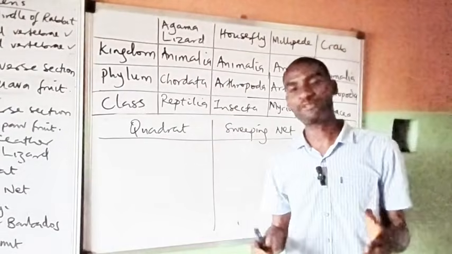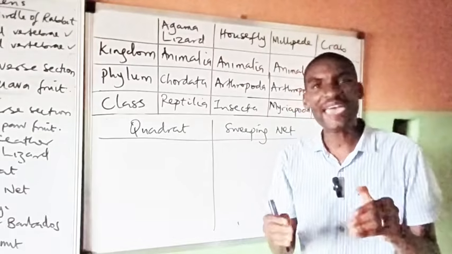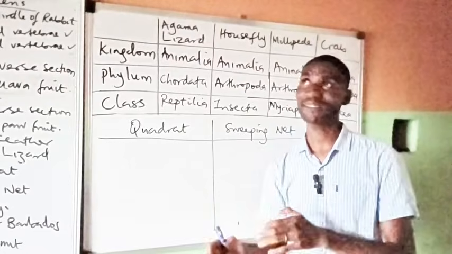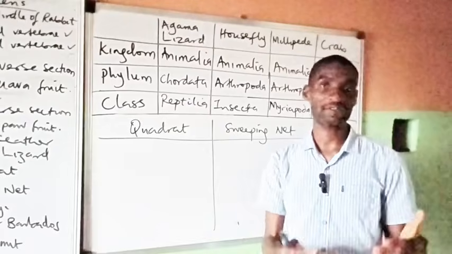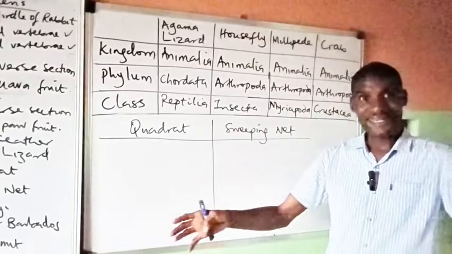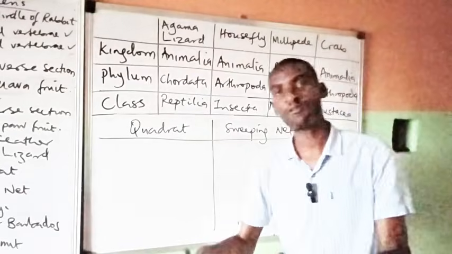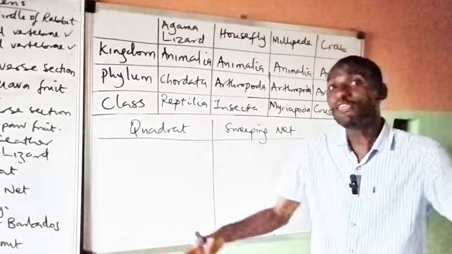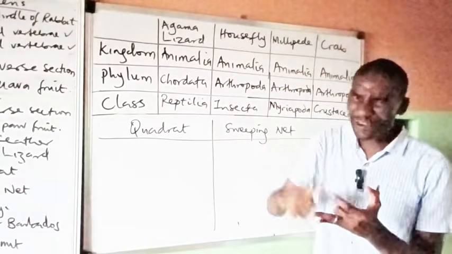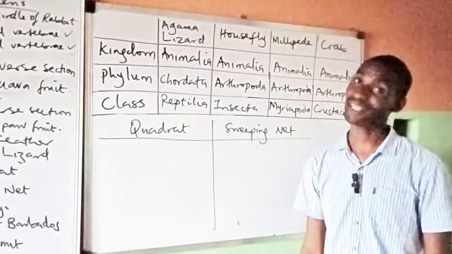It's basically used for organisms that are static or have very slow movement. Organisms that either they are static, they cannot move fast, they have slow movement. For example, plants. So if you want to know the types, the diversity, the variety of plants that are on the sampling field, you can use this to take the sample.